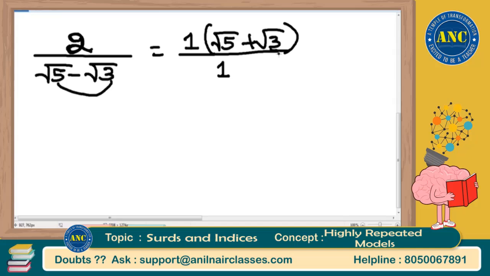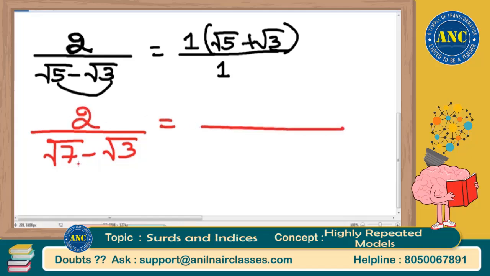Our previous sessions, right? I am just making you revise for a couple of minutes so that it will be clear for you. Suppose for example, I have root 7 minus root 3, and here I have 2 for example. This can be written as 7 minus 3 is 4. That 4 will come in the denominator directly.